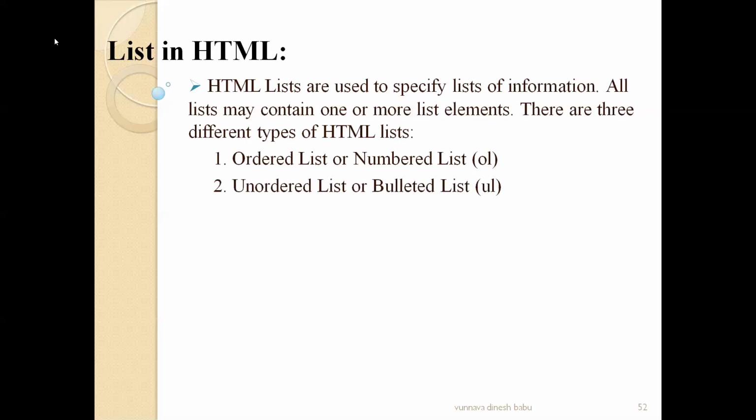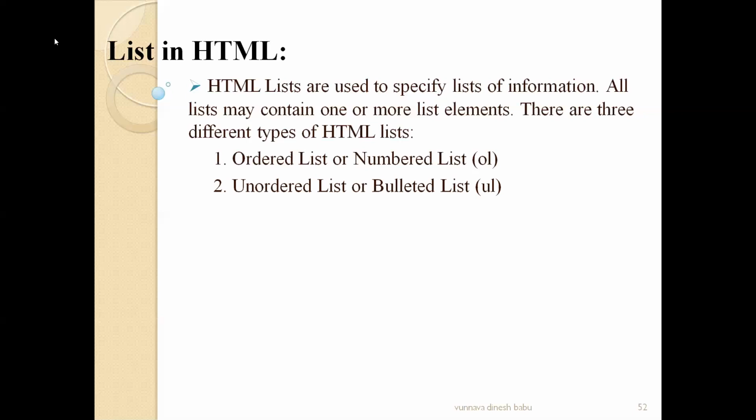And this is the second type of list in HTML. That second type of list is called an unordered list, or the other name for this unordered list is bulleted list. So why do we call it a bulleted list? In the sense that for each and every element in the list, a bullet will be inserted automatically, a round circle filled with black.